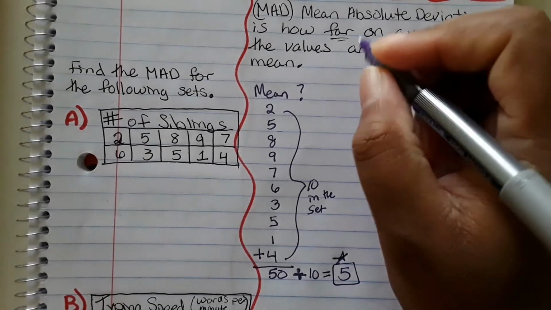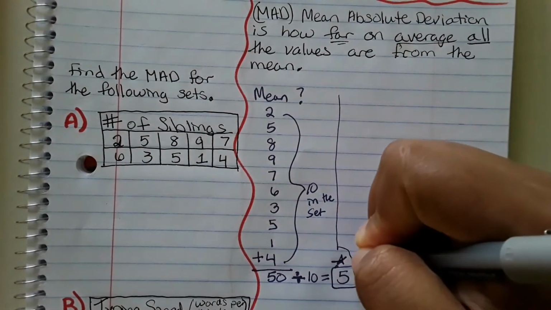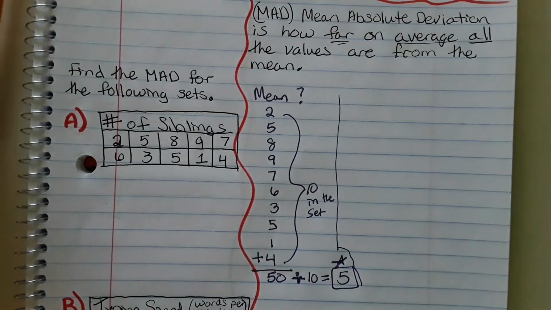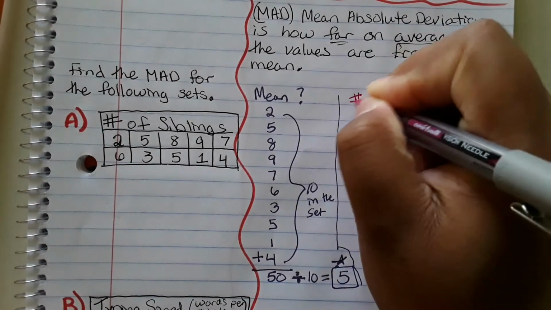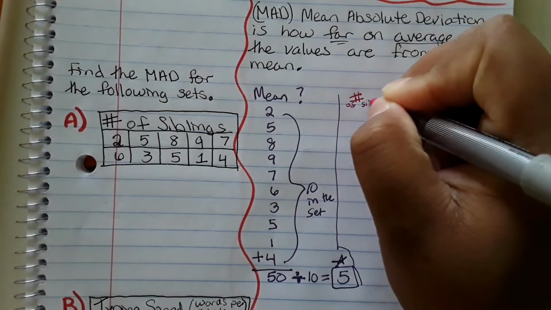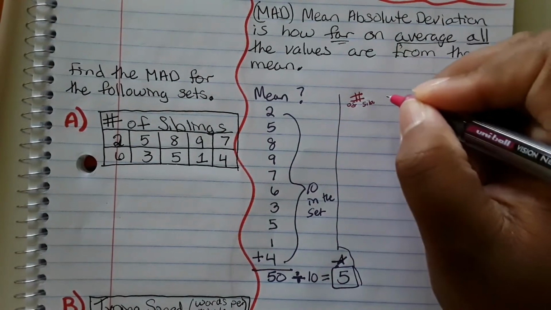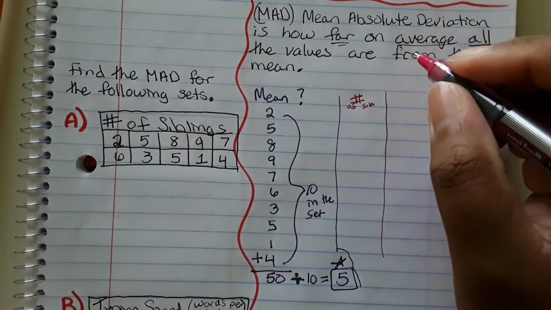So we come up to step 2, part 2. I'll draw a line so I can keep that organized. Now on to part 2, where we have the numbers in our set, our number of siblings. Then we're going to look for how far each of those numbers is away from 5.